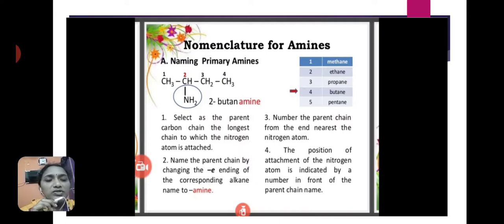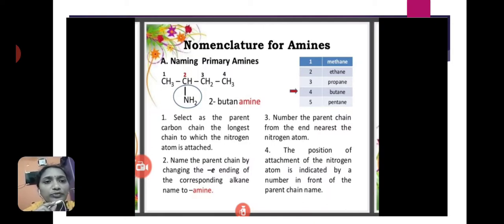Name the parent chain by changing the e ending of the corresponding alkane name to amine. The parent chain names are methane, ethane, propane, butane, pentane, like this.